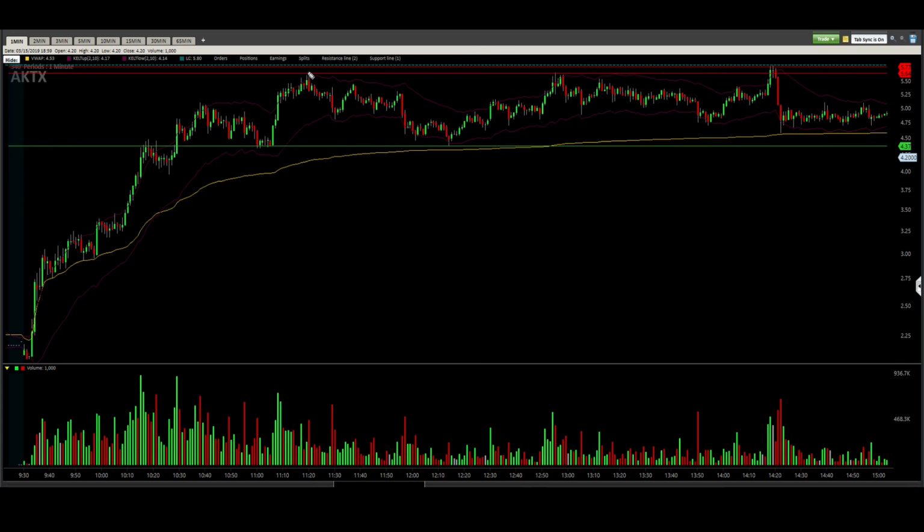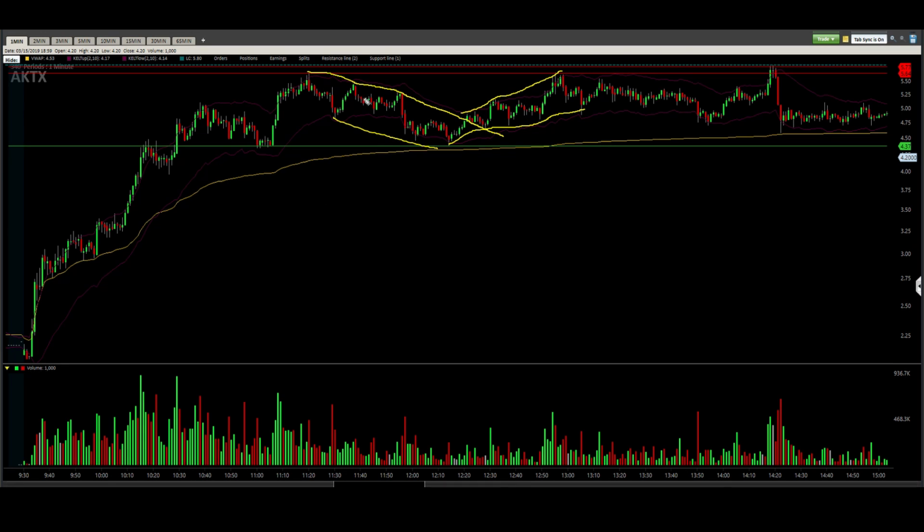And you can even connect the dots. You could see it was clearly making lower highs all the way down. Also making lower lows all the way down. She comes down to a main support area, pretty much bounces off of it again, and she slowly starts trending higher, and she starts making higher lows with higher highs.